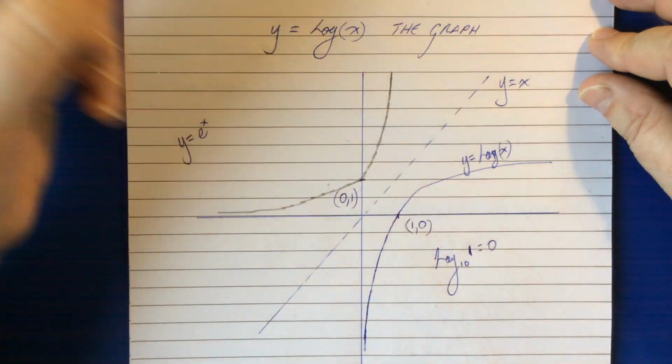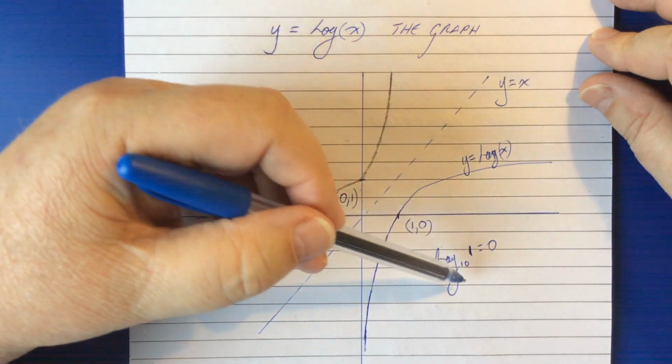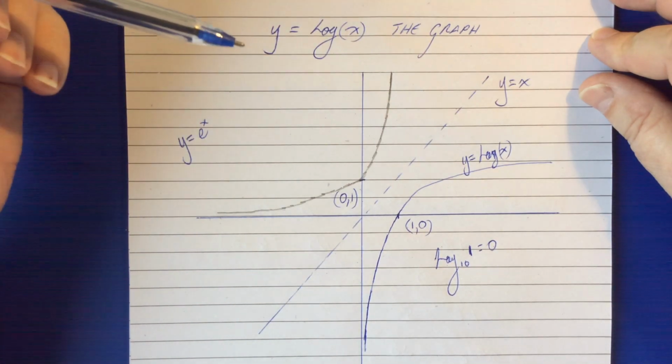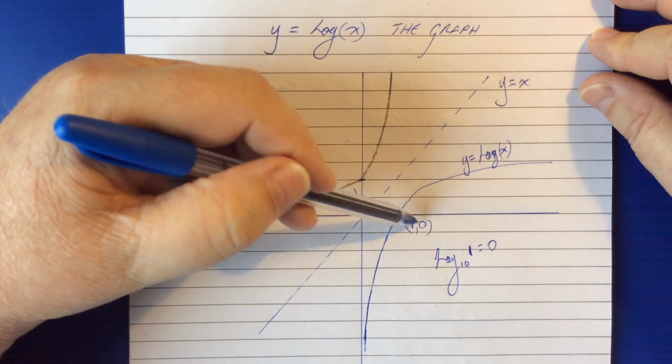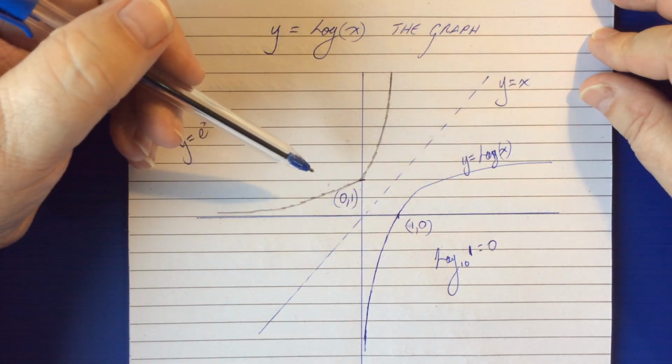That is 0. Simple as that. Something to the power of 0 will give you 1. 10 to the power of 0 will give you 1. And that is why this ordered pair here is as it is.